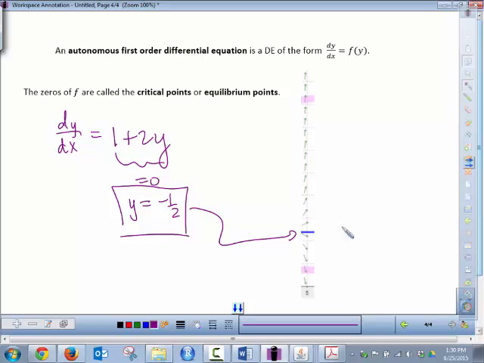Now, with this equilibrium point at negative 1/2, what can you say about the arrows above it? It's increasing, going up. And what can you say about the arrows below that? It's decreasing.